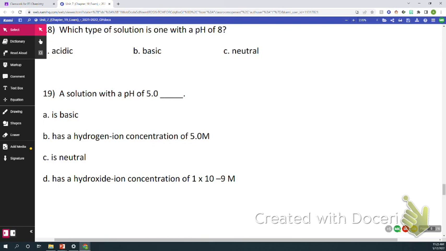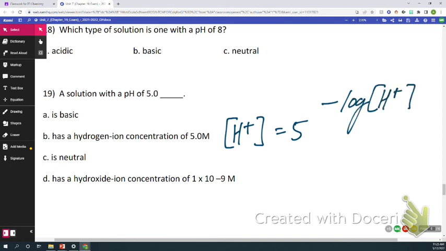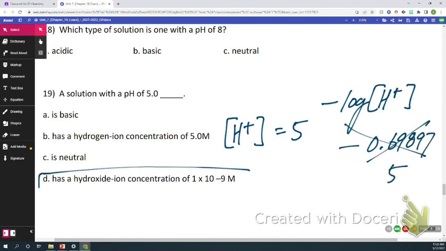So what I would do is quickly calculate, if this is H plus, I can negative log this to get the pH. And it comes out like negative 0.69897. That is not 5. So I'm assuming D is your answer.